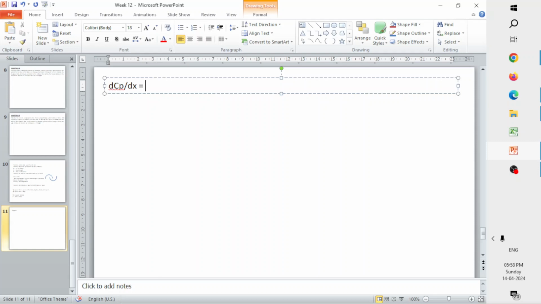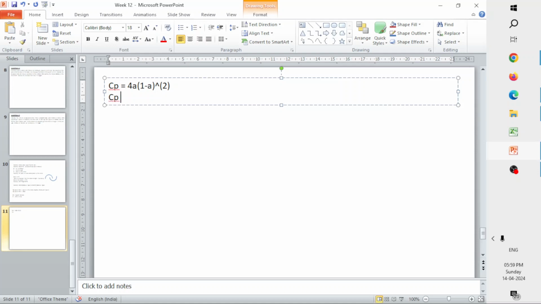So Cp will be, I guess last time also we did this, but it won't take much time, 4a times (1 minus a) the whole square. If you take the derivative of this, you can either apply the product rule, or you can just expand the square term.